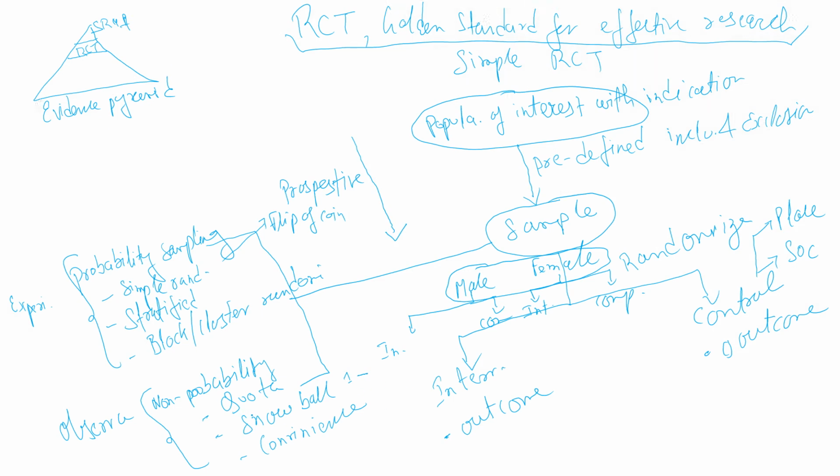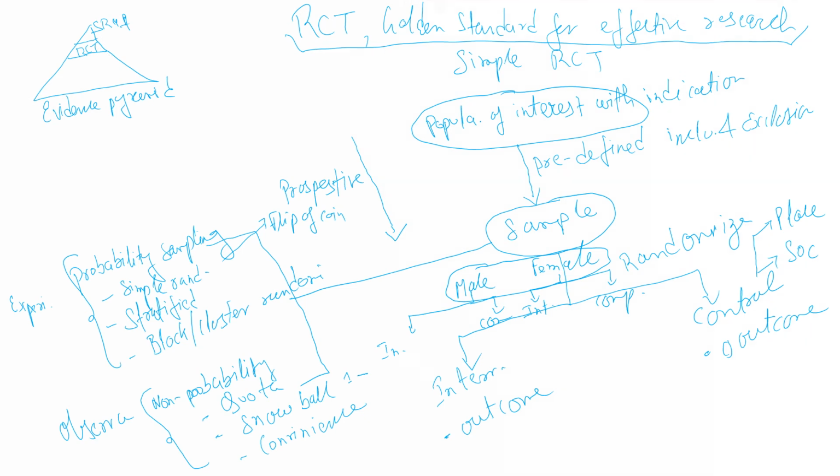Similarly, quota is also a kind of non-probability sampling in which we fix a quota for that class, and only those individuals who have been pre-specified will come into that quota. So these are the kinds of non-probability sampling which, as told earlier, are utilized in observational study designs. That would be a basic description of an RCT.